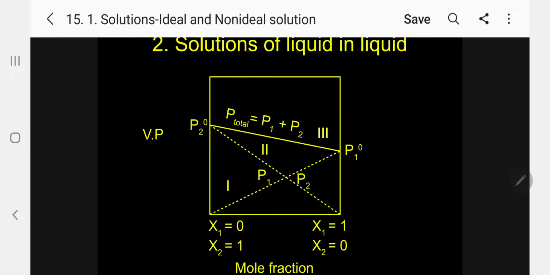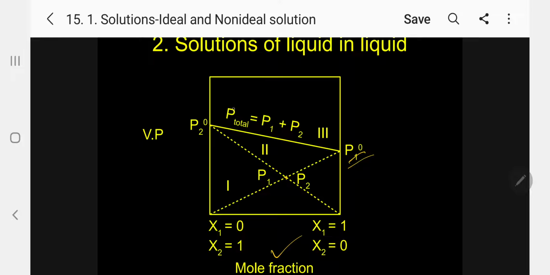So 1 indicates solvent, 2 indicates solute. Both are liquids. So now what will happen? When we are plotting this vapor pressure versus mole fraction, we get a curve like this. So curve 1 is a straight line, curve 2 is another straight line crossing here at this point.